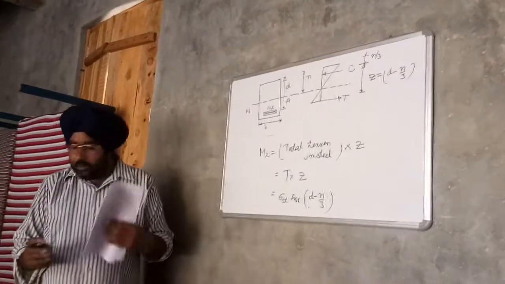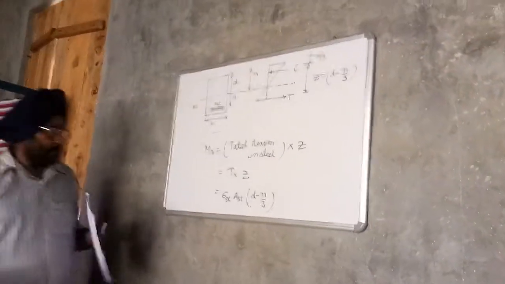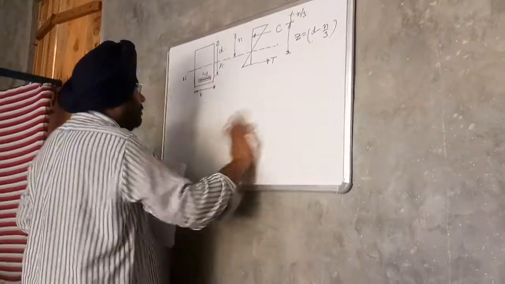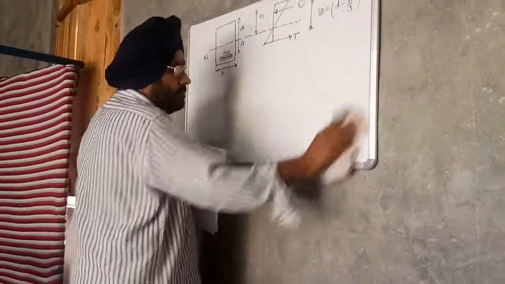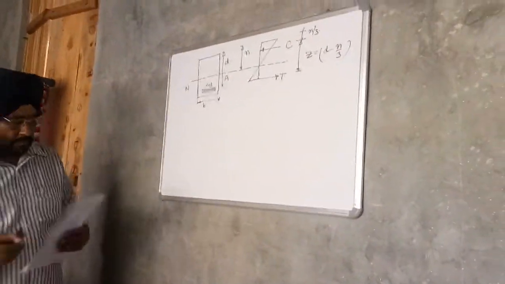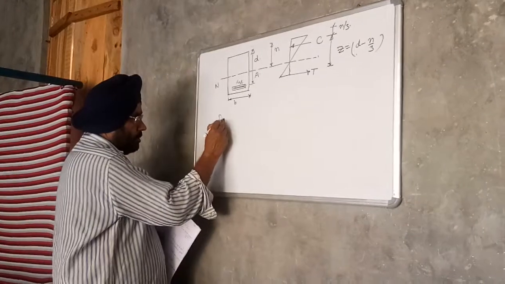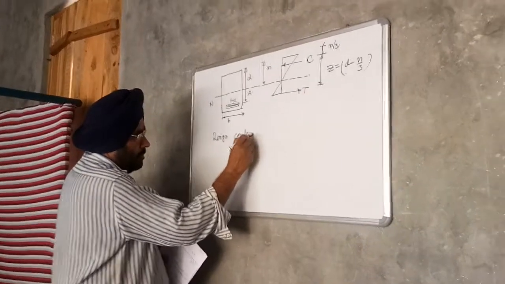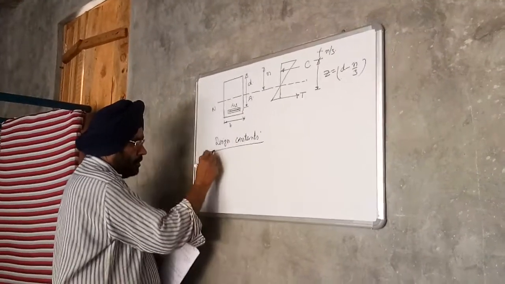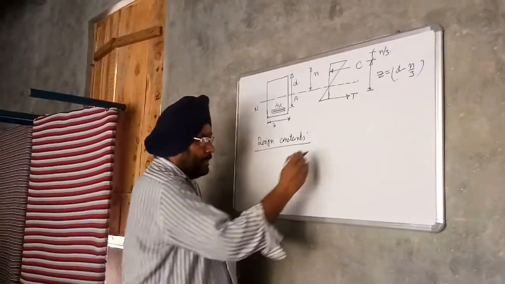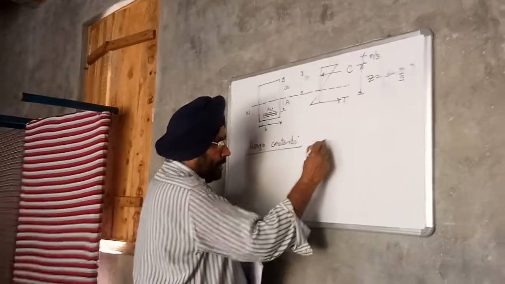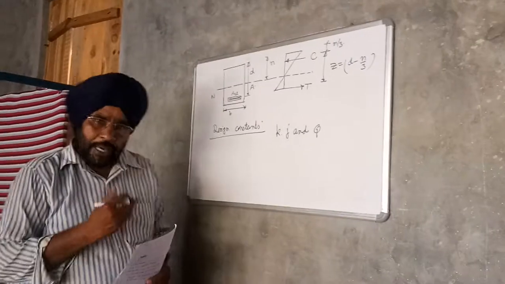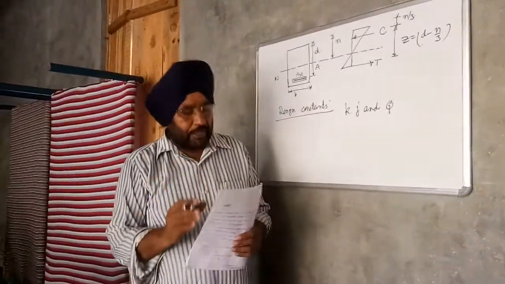So then what are the design constants? The quantities k, j and Q are known as design constants for a particular grade of concrete.